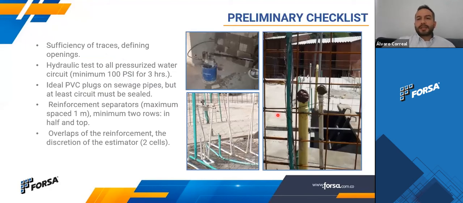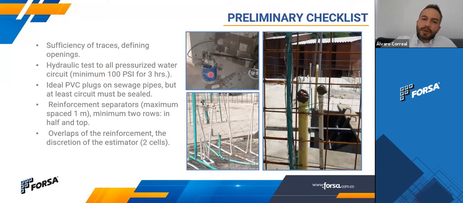Some other checklists that you must do: you have all the traces. Be sure to test the hydraulic system, and to do it, we recommend using a pump like this to have a minimum of 100 psi for 3 hours.